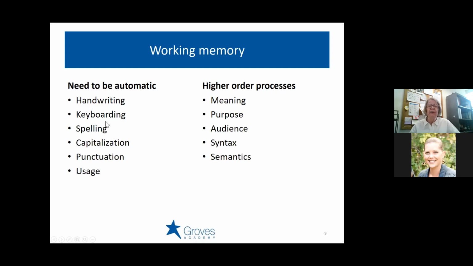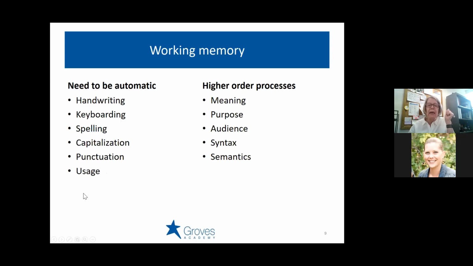Spelling, definitely. Some students are just frozen by the inability to spell something. They just can't get past it. Capitalization and punctuation and general word usage, such as tense agreement and using the right pronouns and so on.